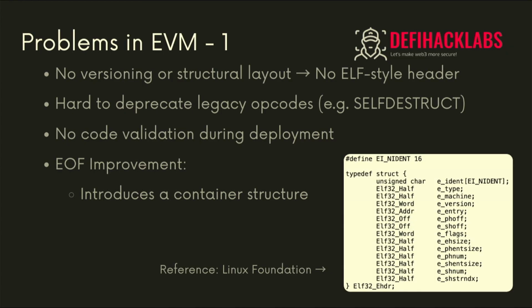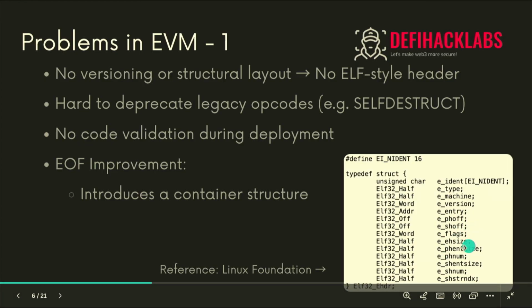All right, the first problem in legacy EVM is that there is no versioning or structural layout for legacy EVM contract bytecode. There is no ELF header like in Linux, where we have an ELF header that specifies the version and some related information.